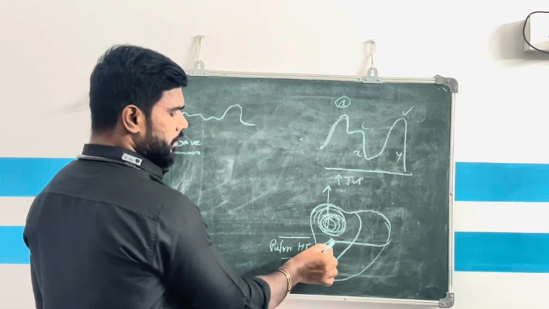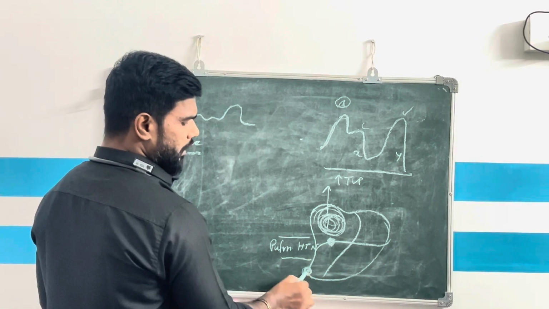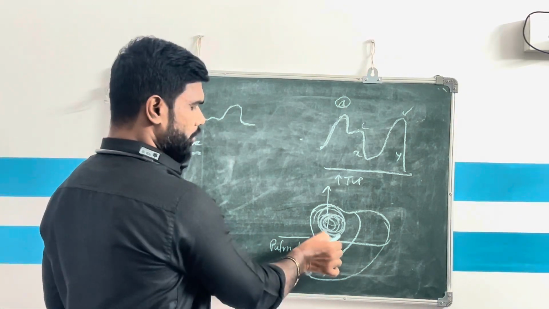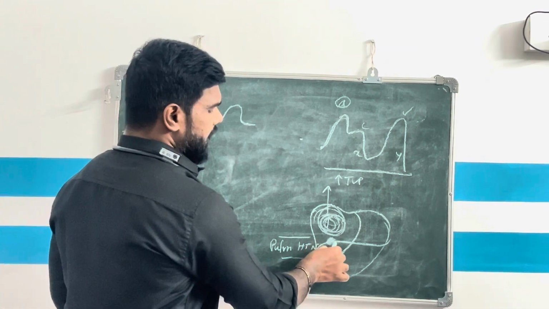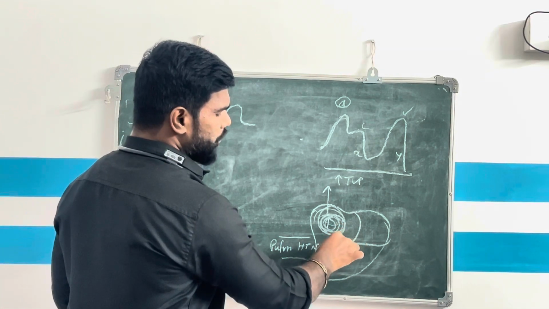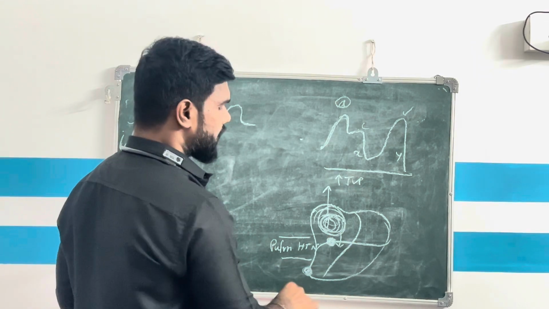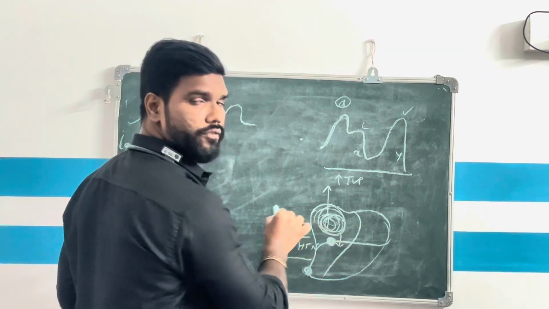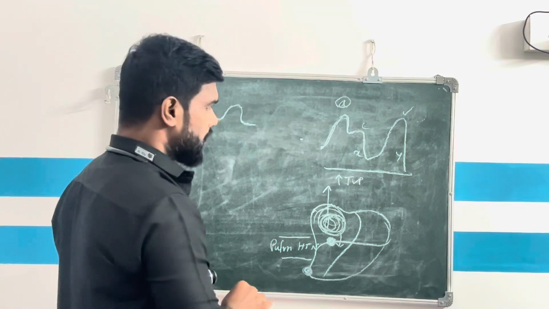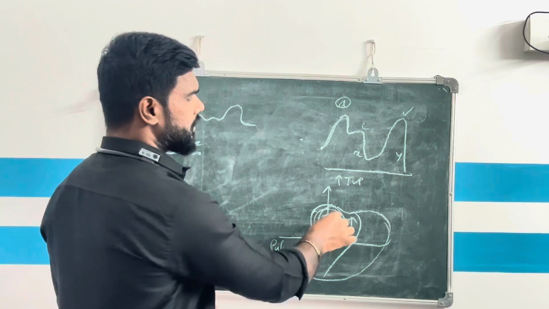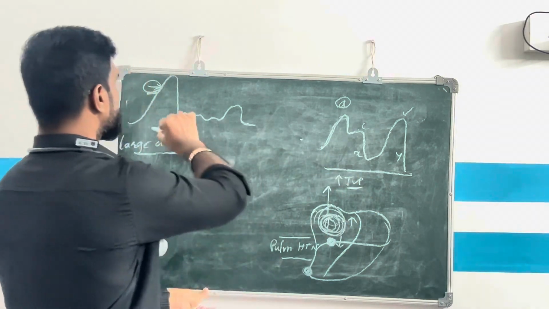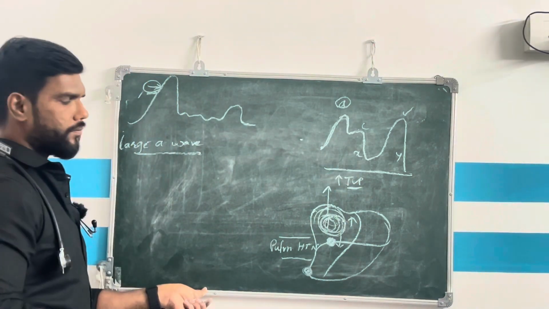In tricuspid stenosis and pulmonic stenosis, here the tricuspid valve is present, here the pulmonic valve is present. Due to tricuspid stenosis, the blood may not go into the right ventricle due to the calcified valves. This leads to increased pressure and volume in the right atrium, which increases the JVP and leads to large A waves.